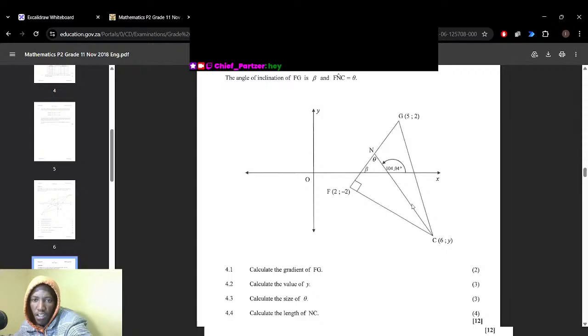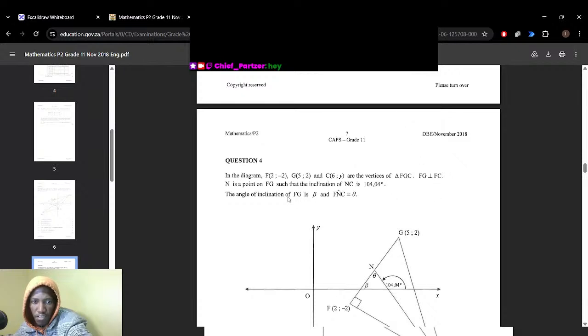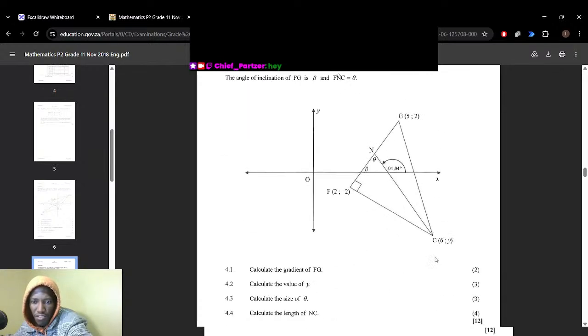Let's think through. It hasn't clicked as of yet. Is there something I'm missing? No, there's nothing I'm missing. So this is a point of intersection of our 3 lines, right?